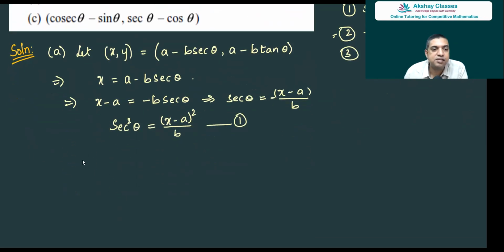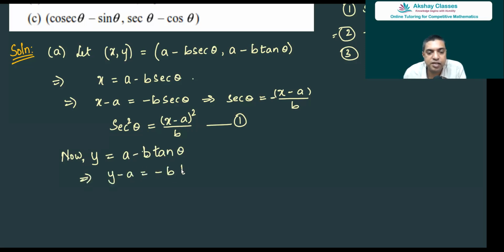Next, y is equal to a minus b tan theta. So y minus a is equal to minus b tan theta. So tan theta is minus of (y minus a) upon b.